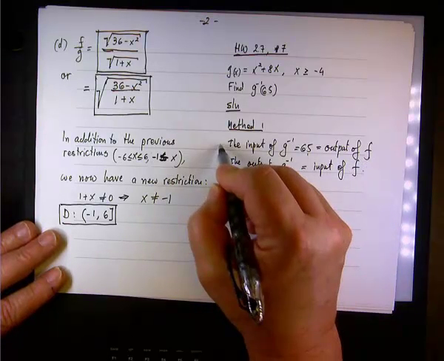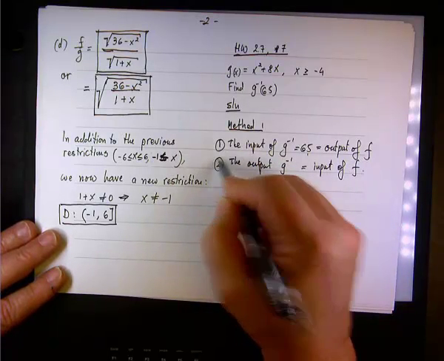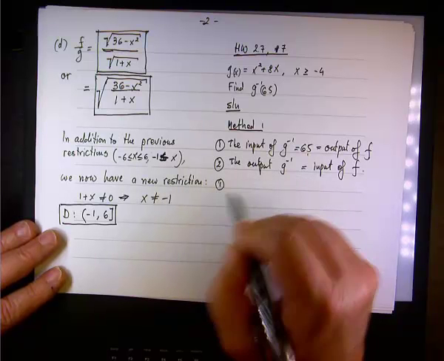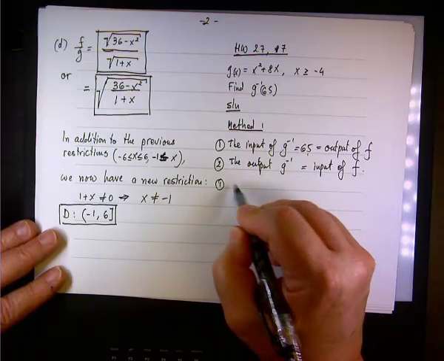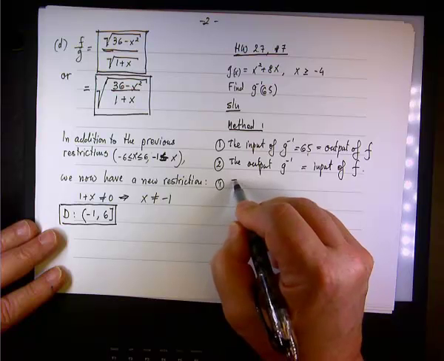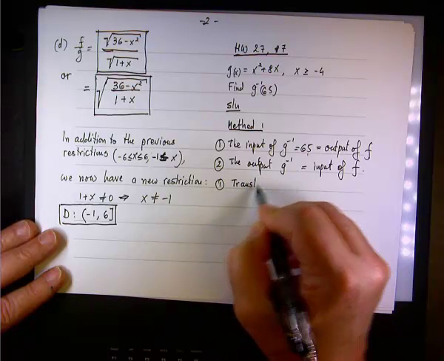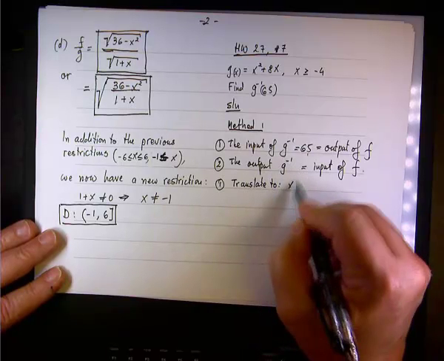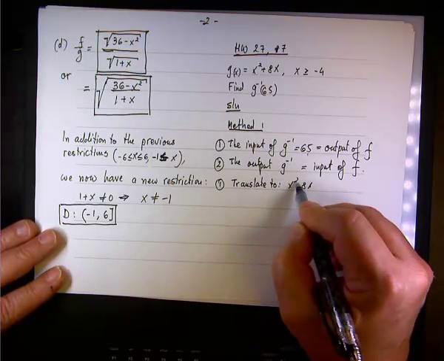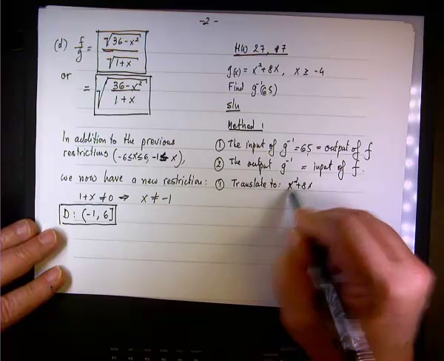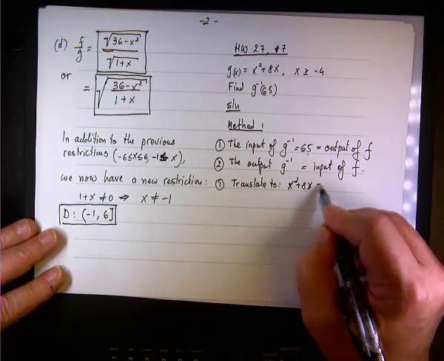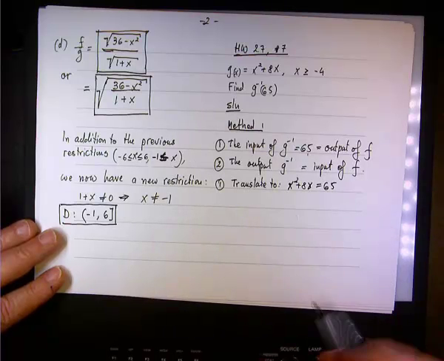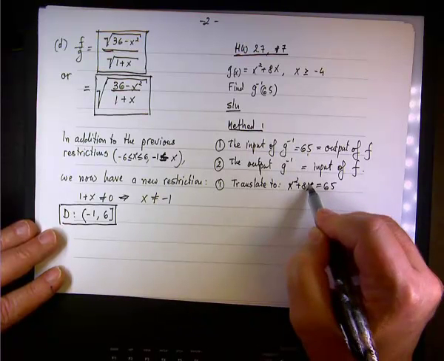So I'm going to take the first statement and translate it. What I see is x squared plus 8x is supposed to equal 65. And now I need to solve for x.